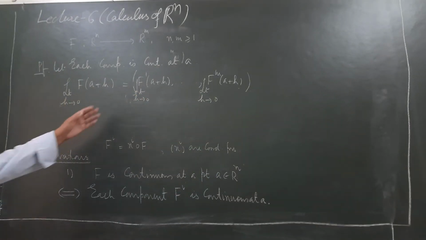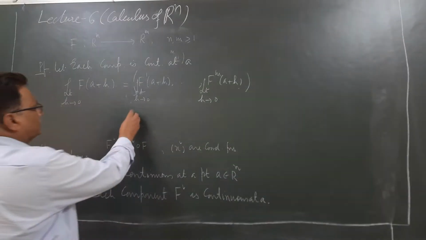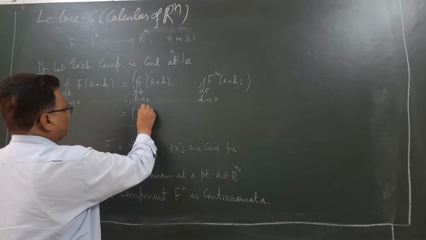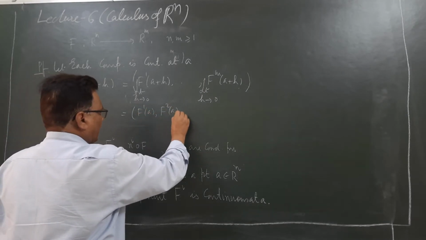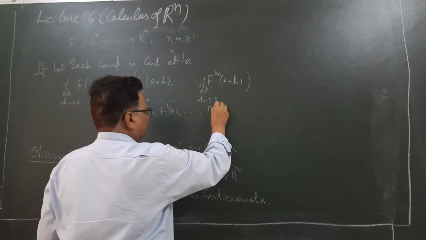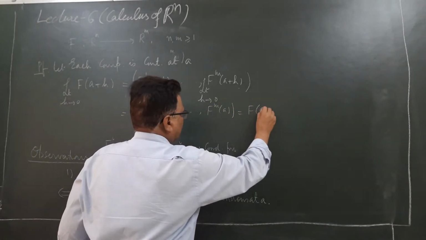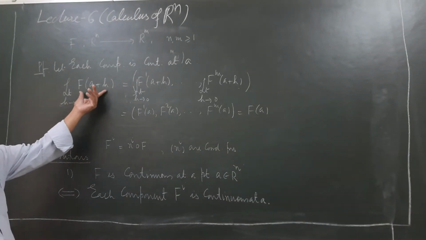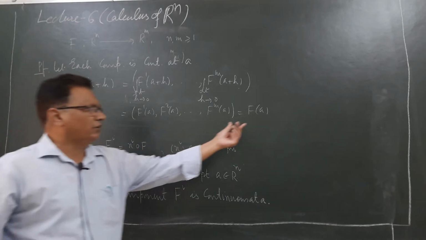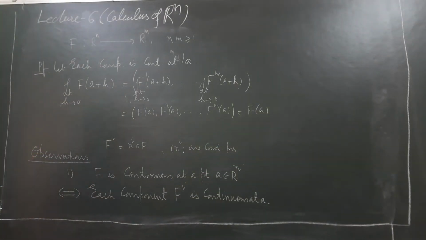Since we are assuming that all f1, f2, f3, fm are continuous, they will be equal to f1(a), f2(a), fm(a), and this is precisely f(a). So, you have shown that the limit of f(a+h) equals f(a) when h goes to 0. That proves that f is continuous.